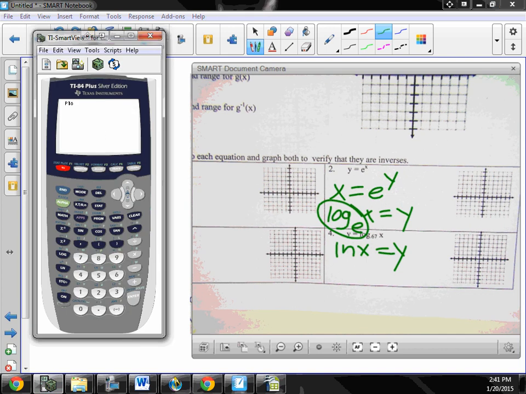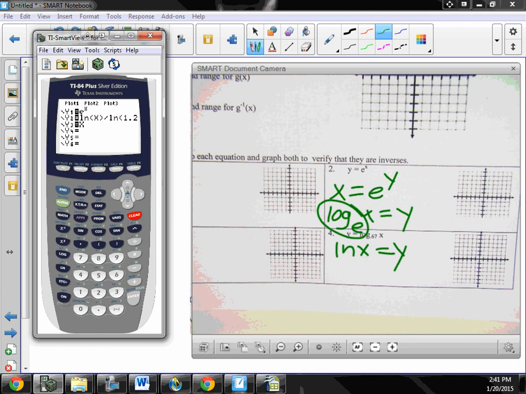There are two e's on your calculator. One of them, if all you want is the value of e, above the delete key is a blue e, but that's not the one that I would use. Above the ln is an e to the x button. And since we are doing e raised to a power, that's what I would push. So push the e to the x button, and then you have to plug x in.